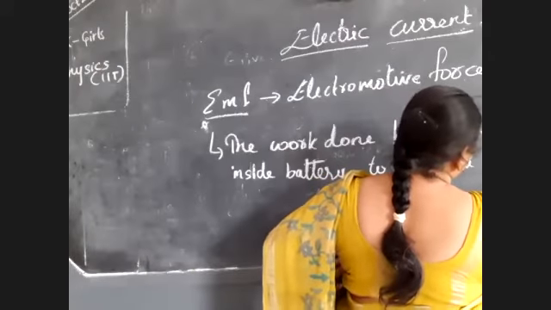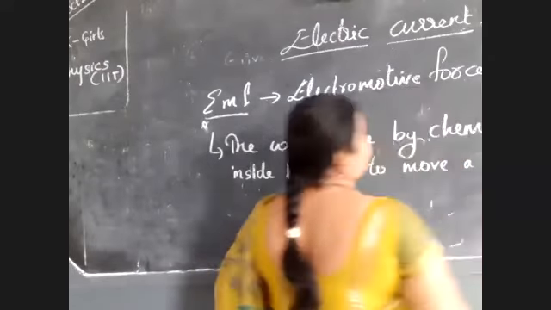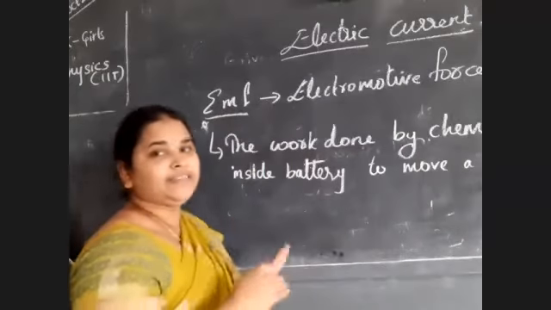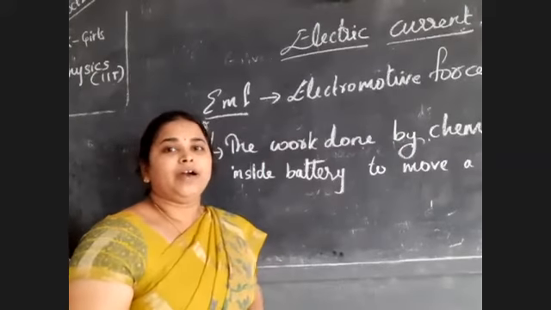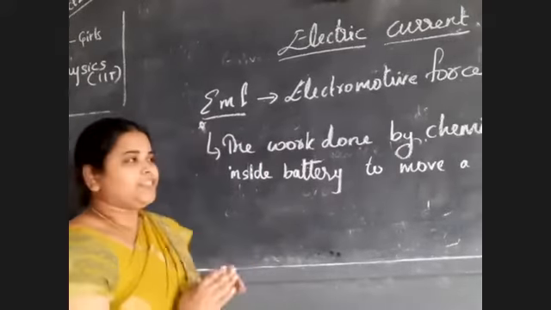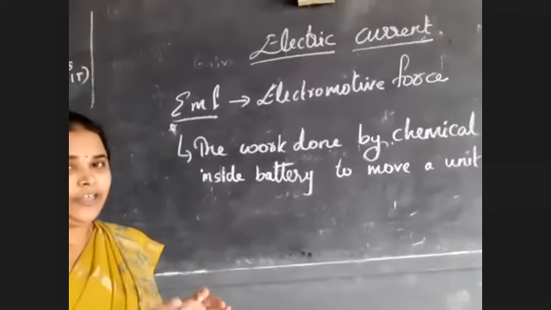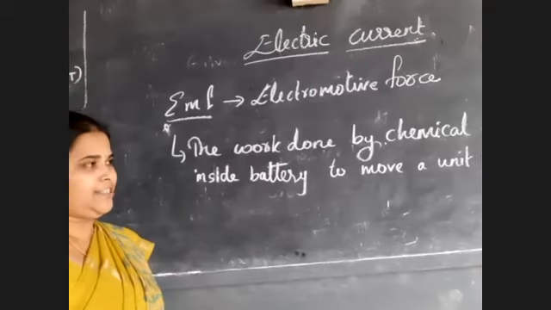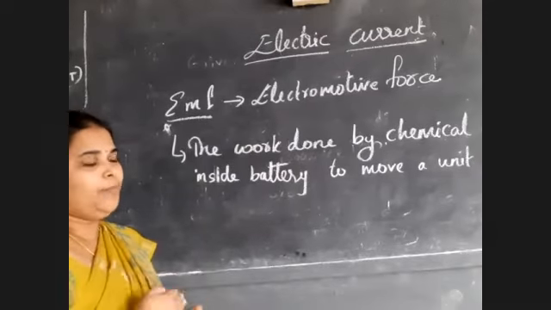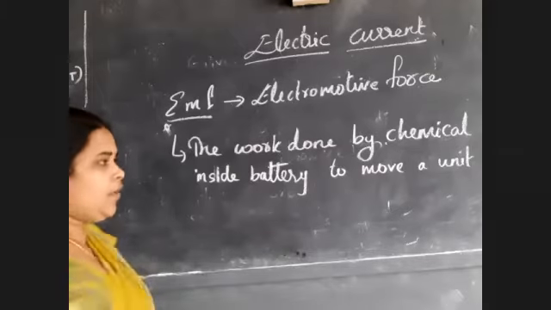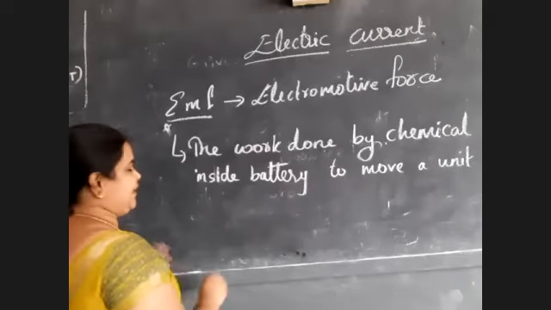Negative charge here means negative ions; you have an idea about positive and negative ions, right? In the electrolyte, we will be having these ions, and there will be movement of these ions.